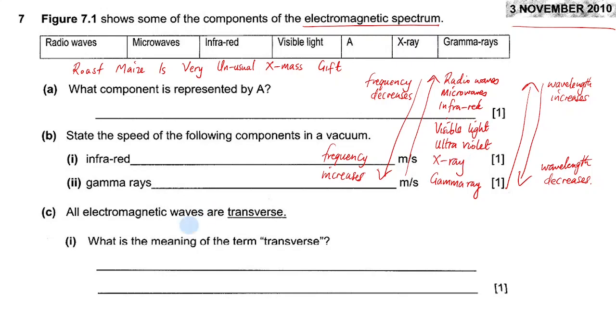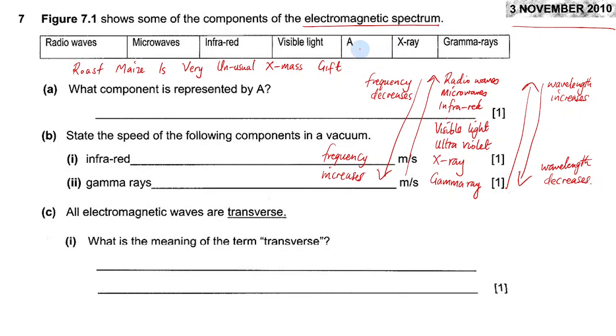So now, having explained this about electromagnetic waves, you must understand some of the properties of electromagnetic waves. Electromagnetic waves, number one, they travel in vacuum.